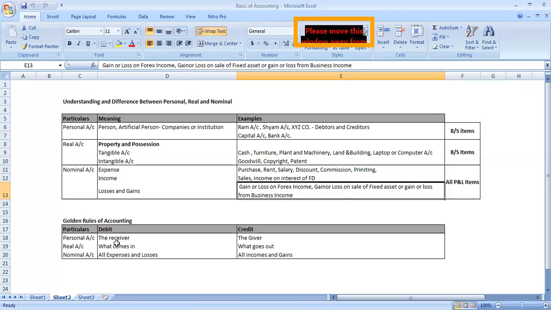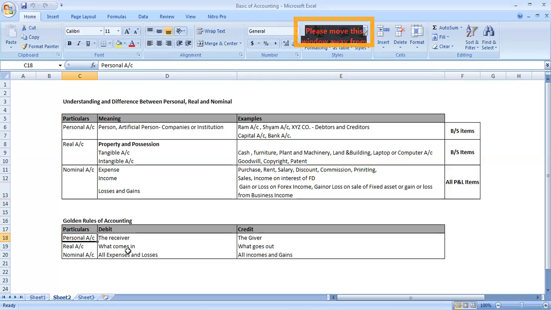Next comes the golden rules of accounting. Under personal accounts, since the personal accounts relate to a person, here we will debit or credit either the receiver or the giver. So here we will debit the receiver and we will credit the giver.